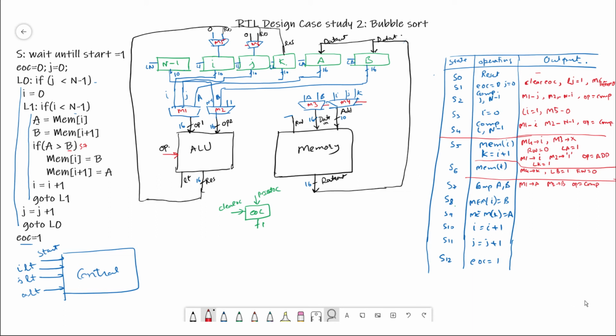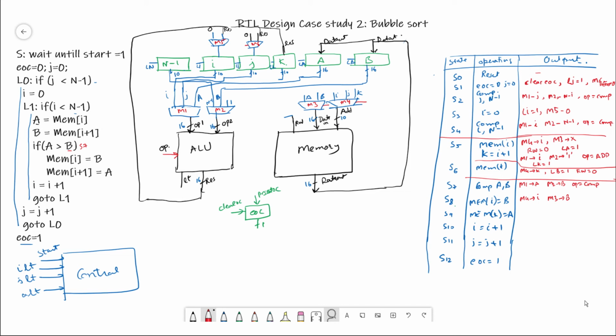If we are in the S8 state, that means we are going to write something. B is written to I, so my address is I, so M4 will select I, and for data in, M3 will select B. There is no data out, so none of the L signals will be 1.